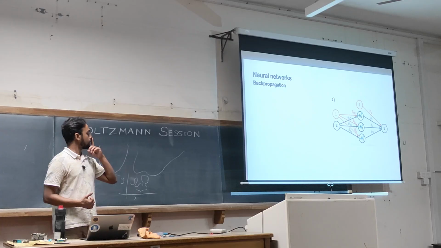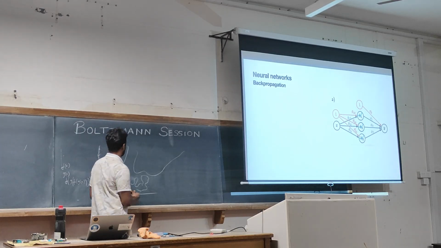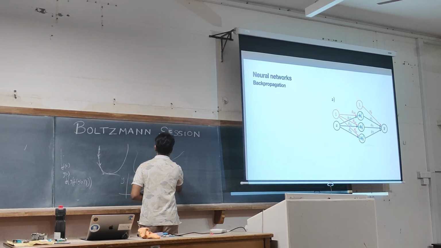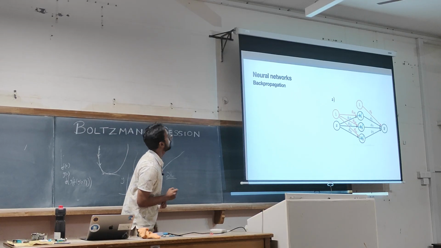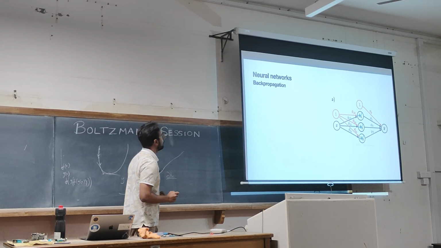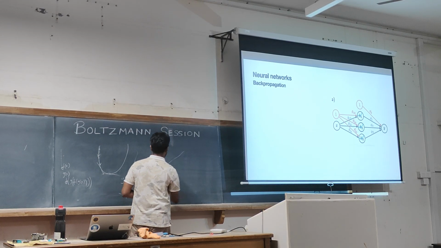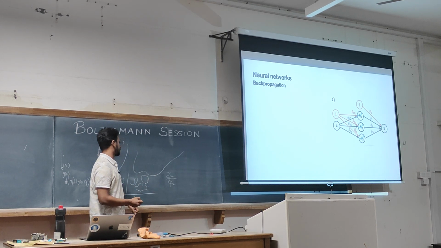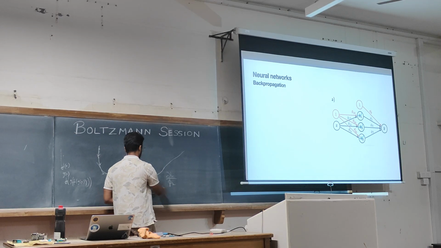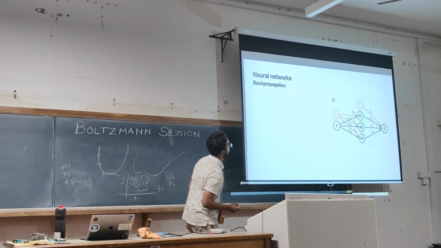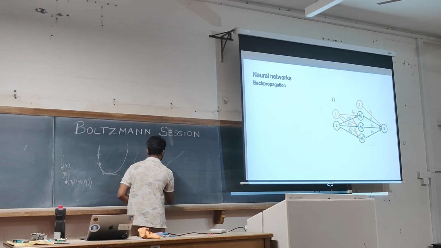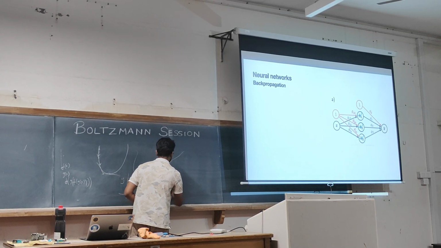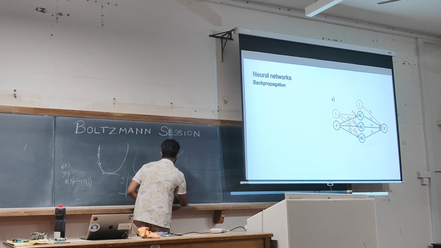For example, take the partial derivative of the loss with respect to, let's say, phi 2. If you remember from the previous slide, the prediction from the network was phi 0 plus phi 1 h1 plus phi 2 h2 plus phi 3 h3.